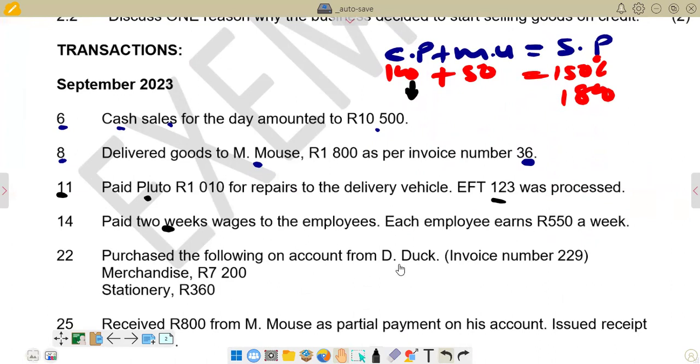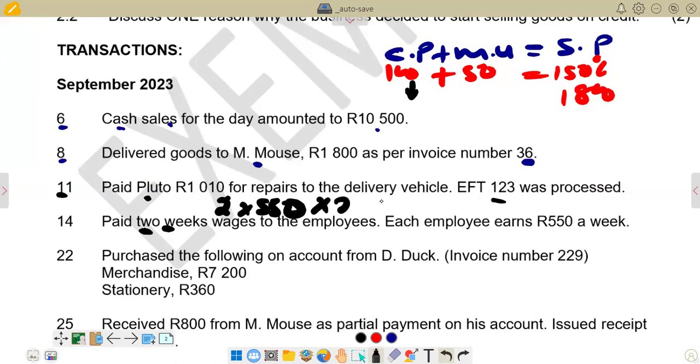So we are saying 2 times 550, we're going to get the weekly wage. If you do this, you get the total weekly wage that's being paid for those two employees. Then we know that it's paid for 2 weeks again. So we are going to multiply again by 2.